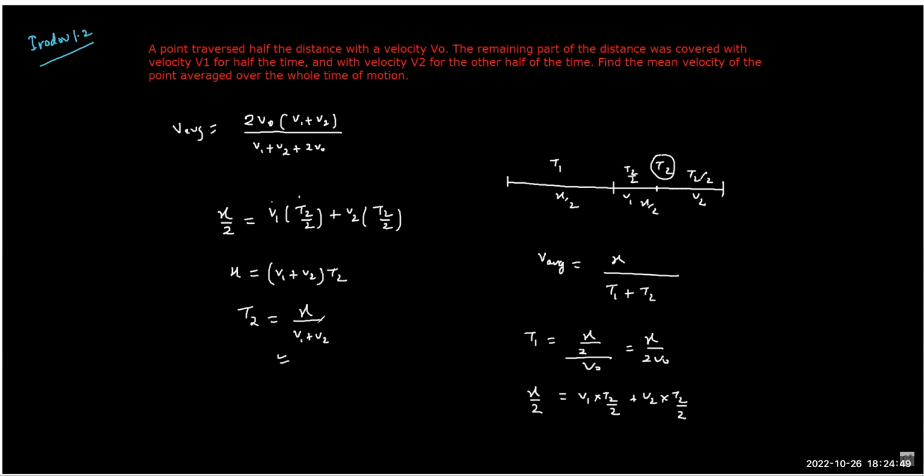Now this will give you the T2 value, and because you know T2 and T1, you substitute. Somehow what you're substituting is correct, but the equation that you should have written is different. Now this will give you the answer. The average V equals what you have written.